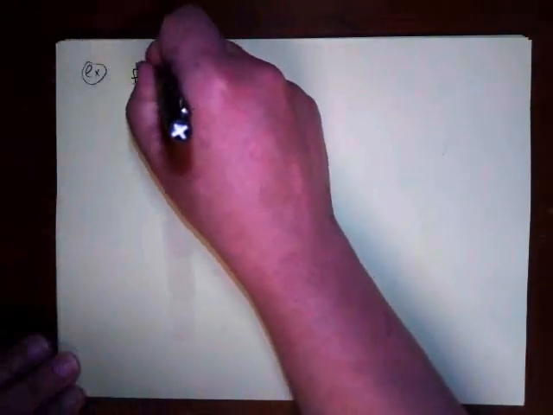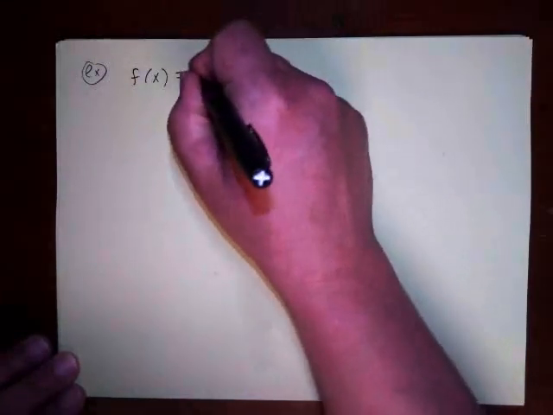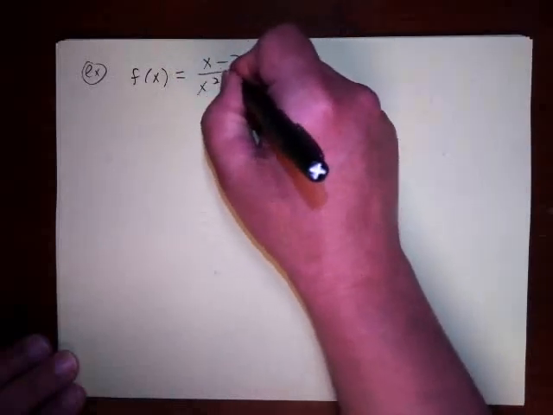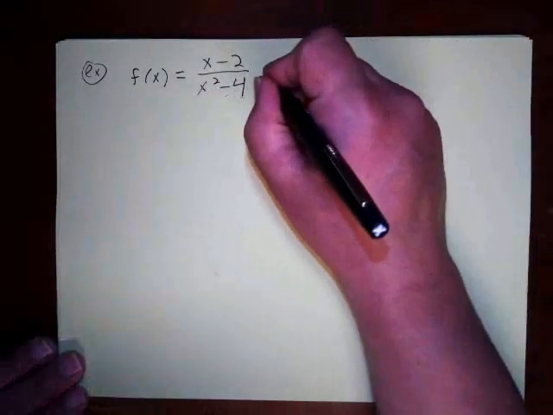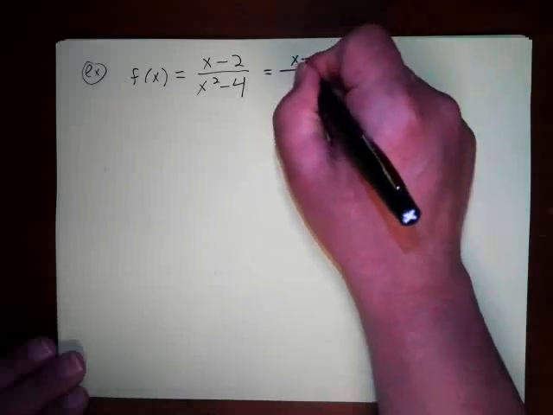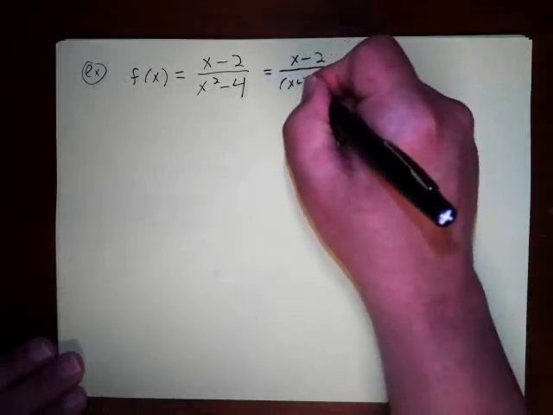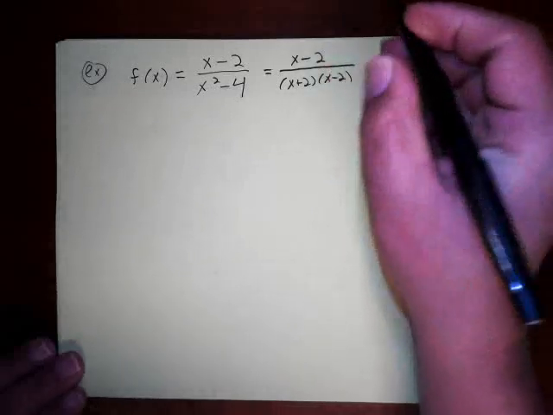I like to use the following one to illustrate this, because it has both a non-removable and a removable discontinuity. Let's consider the function x minus 2 over x squared minus 4. By now you're probably getting used to the fact that sometimes you can factor these, and you can cancel out a problem spot where you would normally have a vertical asymptote.